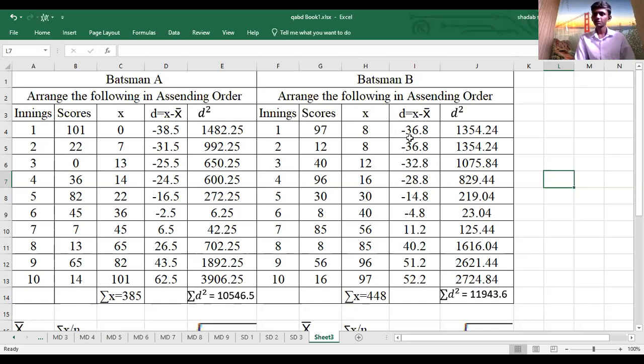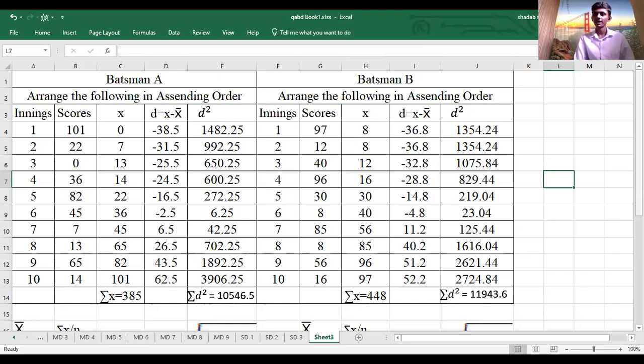Minus 36.8 into minus 36.8, you will get 1354.24 as your d square. Do the same procedure till the last, and you will get sigma d square equal to 11,943.6.